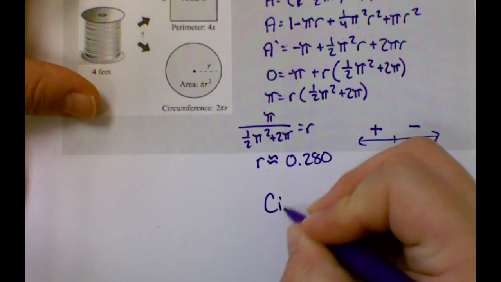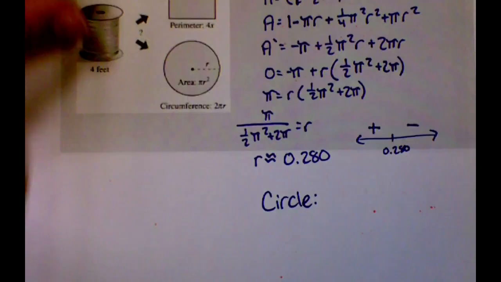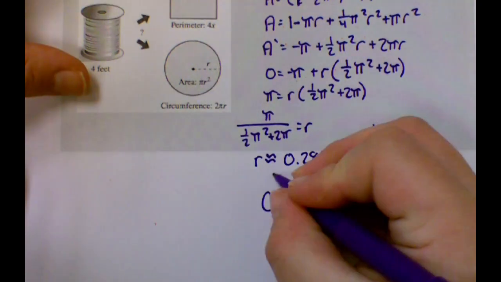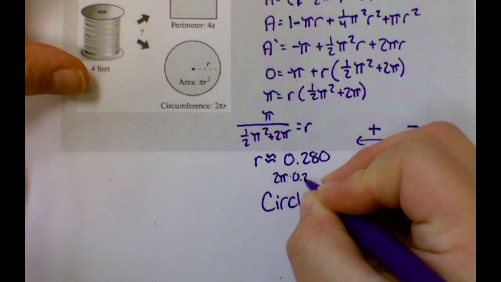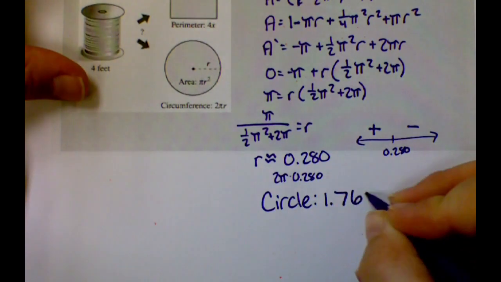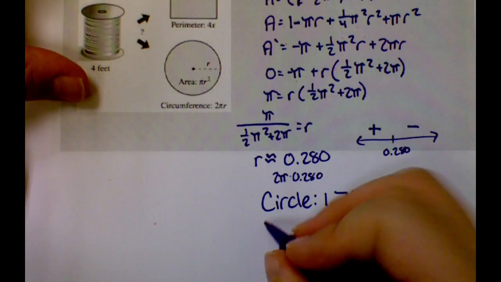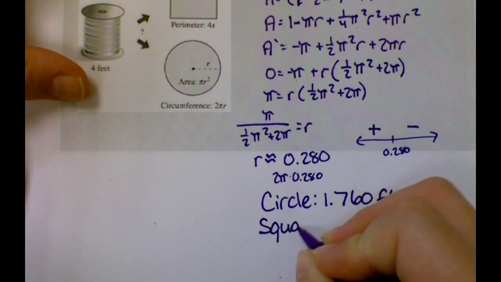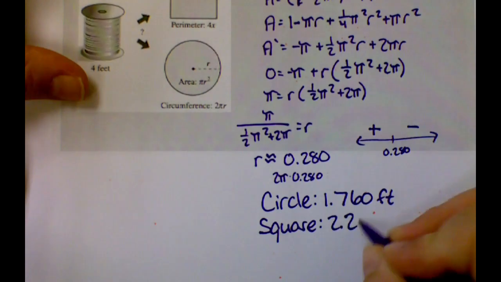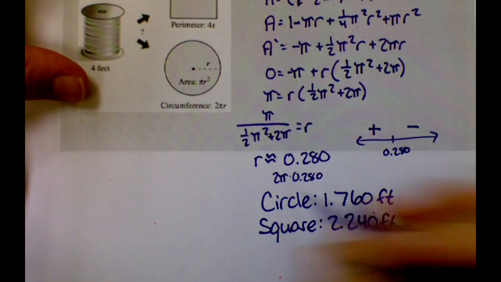So my circle will have a radius of 0.28, which means the amount of wire to enclose the circle is 2 pi times 0.28, which is about 1.760 feet of my wire. And to do the square, I take 4 minus that. I'm going to use about 2.240 feet of wire for my square.